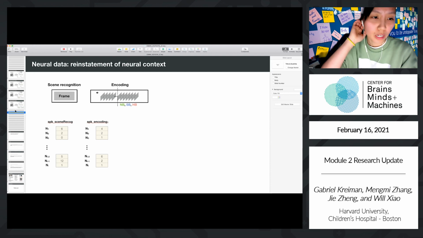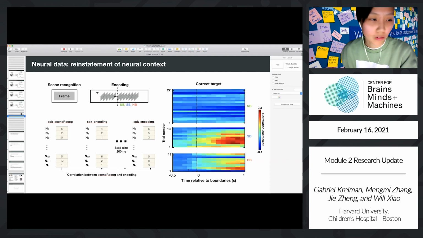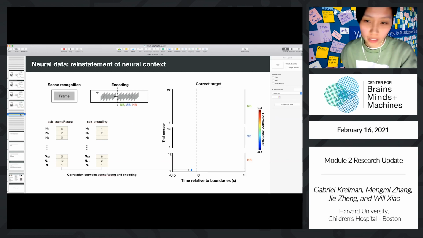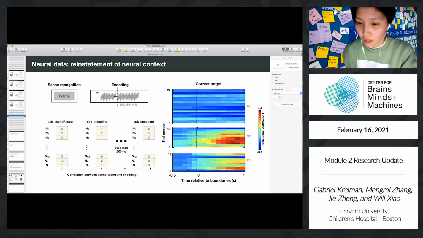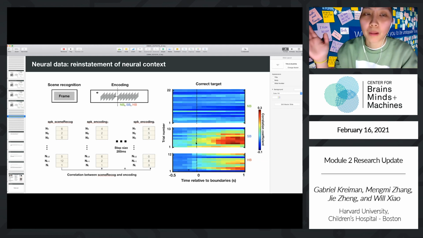So basically trying to see when people are recalling these dynamic clips, whether they're recalling after frames or specific frames of this continuous experience. What we are doing is computing correlations between their encoding activity and retrieval activity, and we found that we actually see stronger correlations around the boundaries, but not exactly when that target frame occurs.